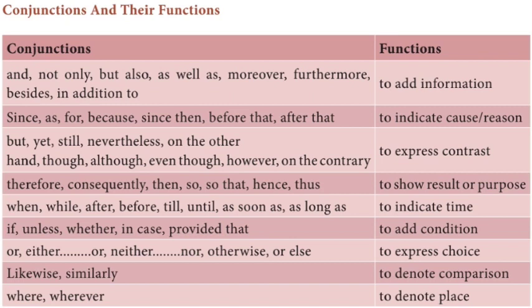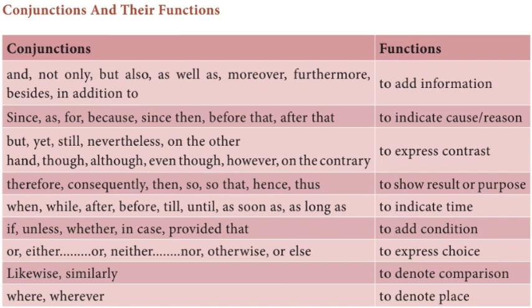Next one, to indicate time, we have to use when, while, after, before, till, until, as soon as, as long as. Next one, to add condition. For that we have to use if for positive condition, unless for negative, whether, in case, provided that.